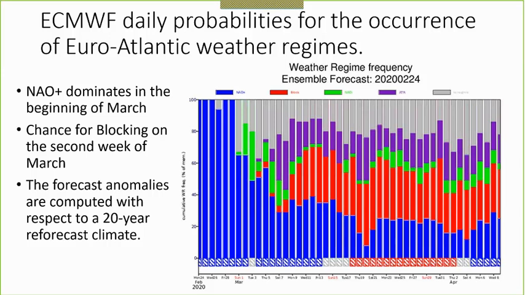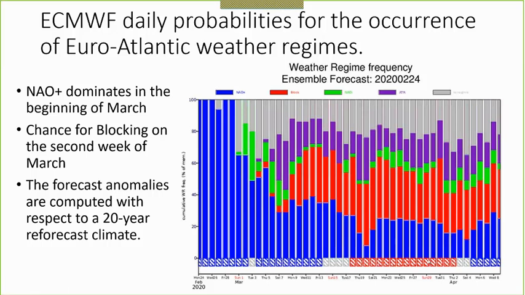So as you can see, the NAO plus is going to dominate the weather, at least in the beginning of March also, as it has been dominating the weather already in December and January. But if we look more at the second week, then we can see that we have some probabilities that we might have a blocking situation developing.